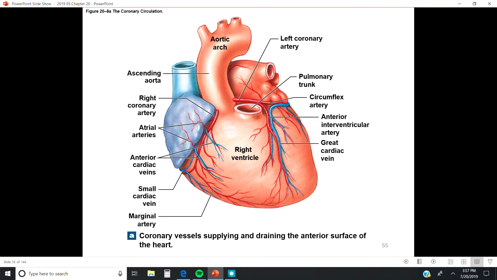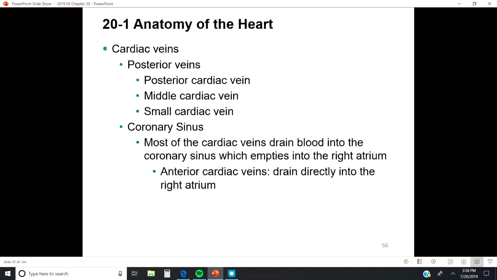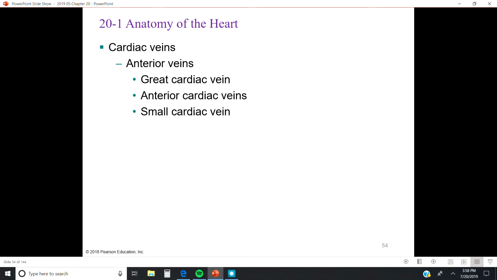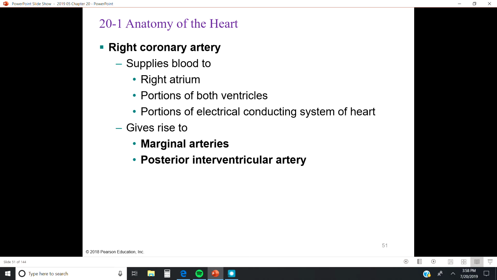Again, right coronary artery coming off the ascending aorta, goes down the coronary sulcus, which is the groove, and then there's a branch coming off. Number one, this is the marginal branch. Then we follow it around, going to the back of the heart. Here it comes around this way, and now it goes down this way as the posterior interventricular artery. Those are the two branches.